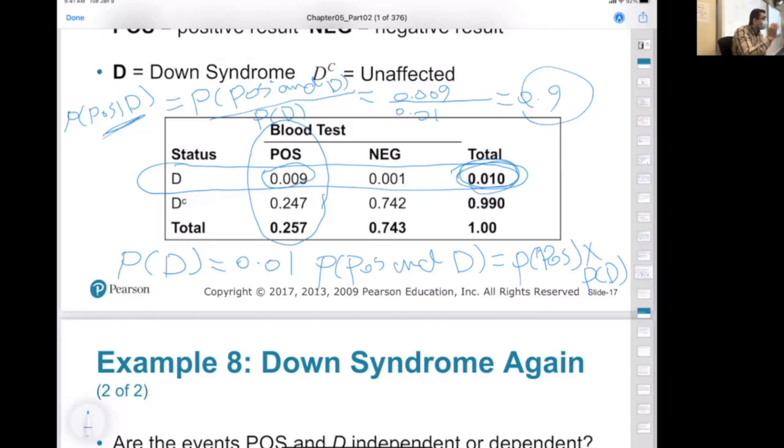Suppose you wanted to check the same problem here, but with this rule. So what is the probability of positive and D? It's here again, 0.009.